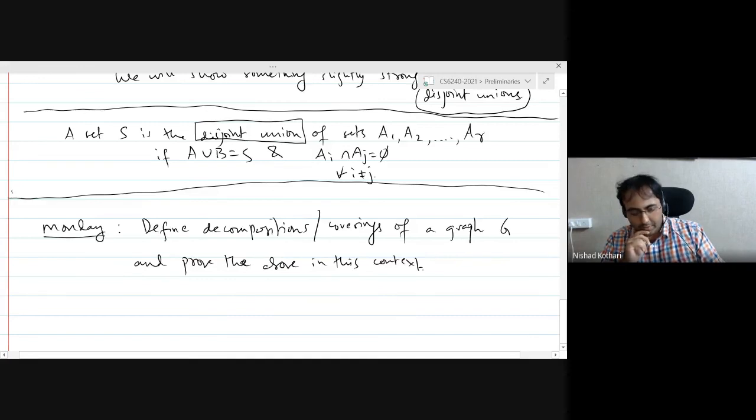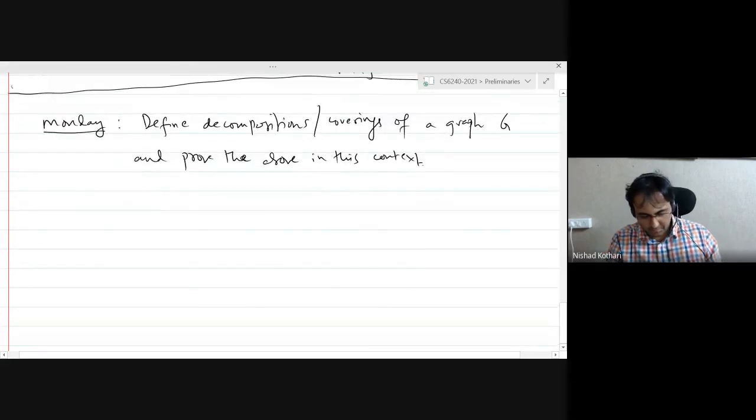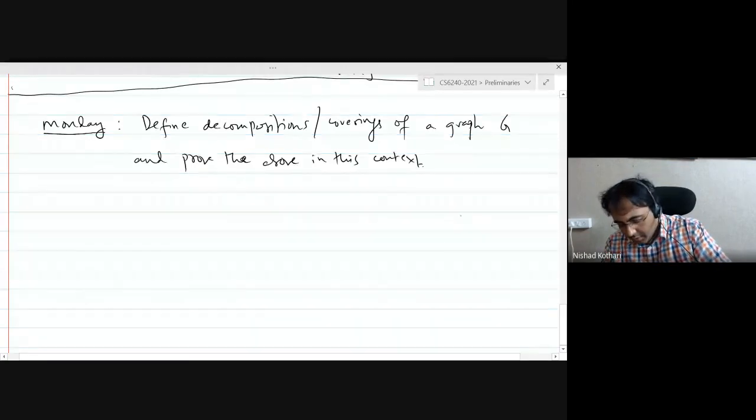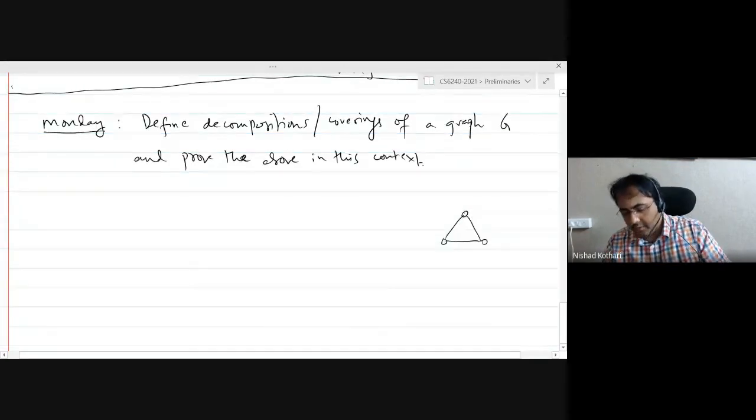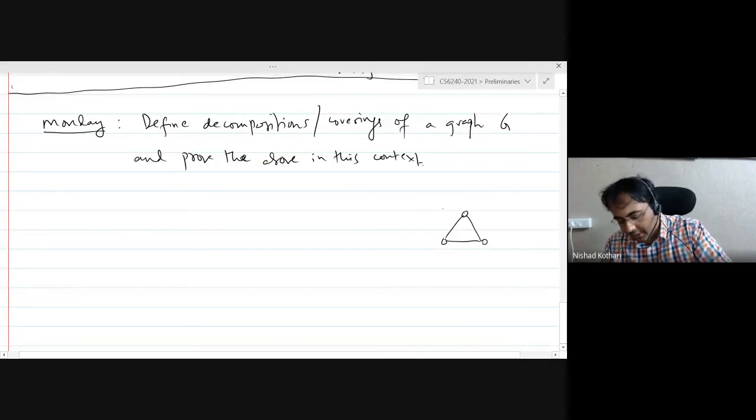Let me see if I can give you an example. Let's take a triangle. So this is your graph G, and the cycle space has exactly two elements, the empty set and the whole set, right?